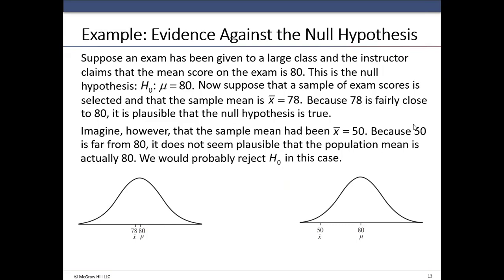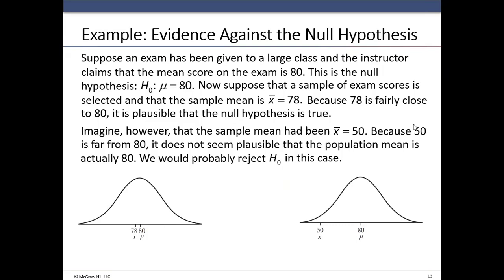Imagine, however, in a second scenario, the sample mean had been x bar equal to 50. Now look at the difference between the sample mean of 50, which is to the left of 80, and the hypothesized value of 80. The difference is too large. Because 50 is far from 80, it does not seem plausible that the population mean is actually 80. We would probably reject 80 in that case.